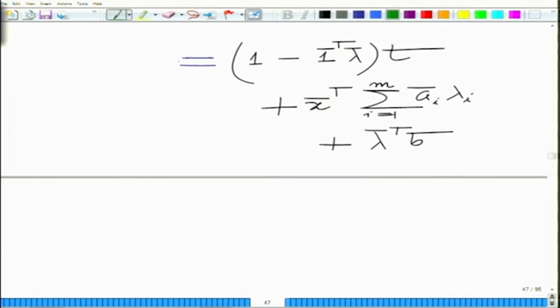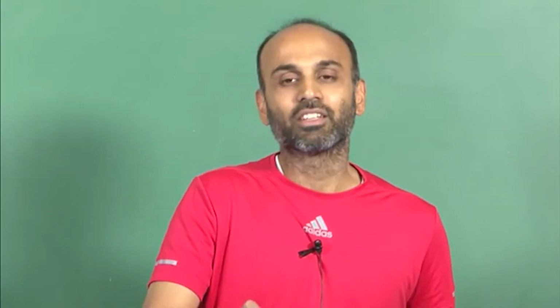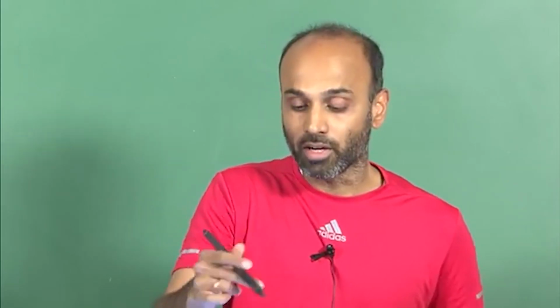This is affine in t comma x bar, which means it is a hyperplane. And a hyperplane, if the slope is not 0, goes to minus infinity, so of course we have to take the minimum of this.